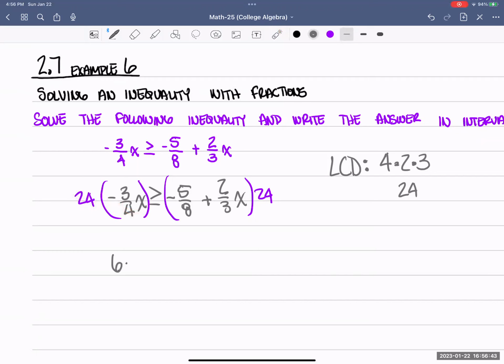So we have 6 times -3x greater than or equal to, here, 24 divided by 8 goes in 3 times. So we have -5 times 3, plus here we have 24 times 2 over 3. 3 divides out with 24 8 times. So we have 2x times 8.